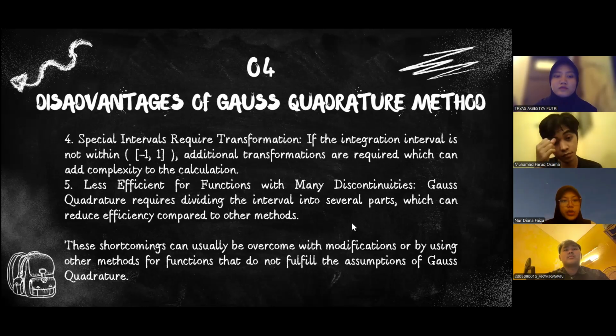Gauss Quadrature requires dividing the interval into several parts, which reduces efficiency compared to other methods. This shortcoming can usually be overcome with modification or by using other methods for functions that do not fulfill the assumptions of Gauss quadrature.